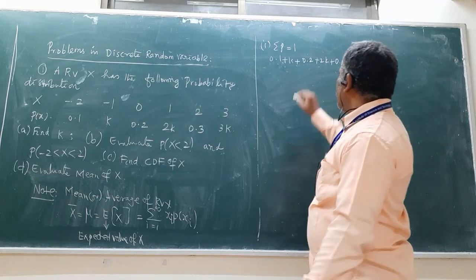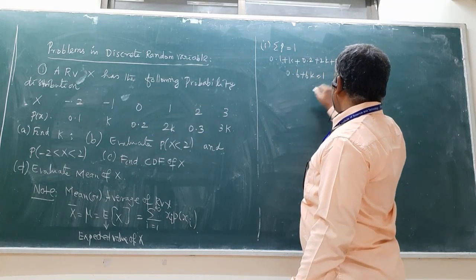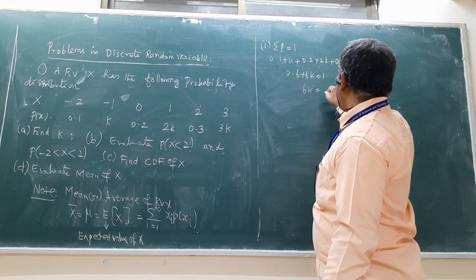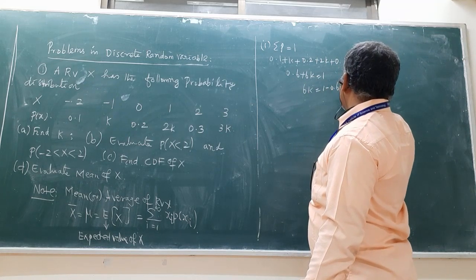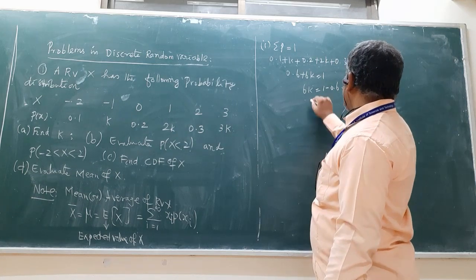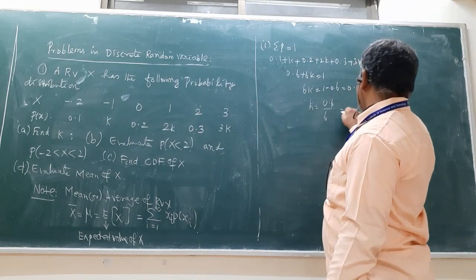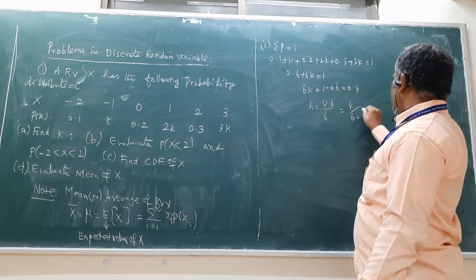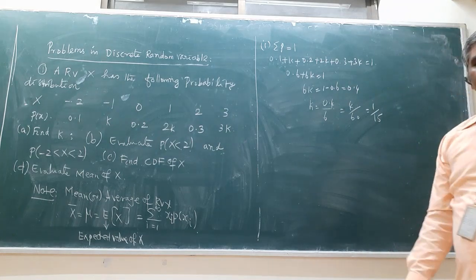Adding this, we get 0.6 plus 6k equal to 1. Therefore 6k equal to 1 minus 0.6, that is 0.4. So k equal to 0.4 by 6, that means 4 by 60. K equal to 1 by 15.